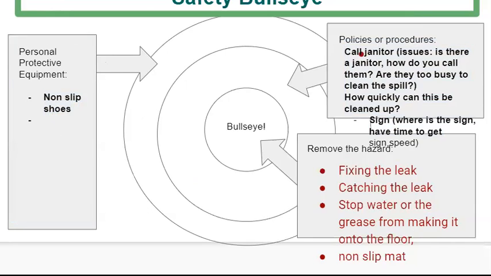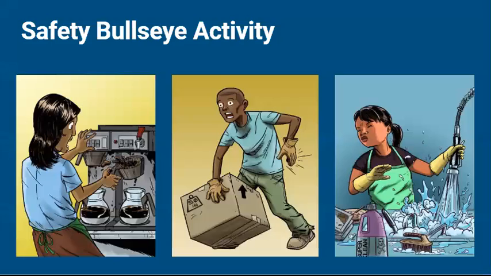Okay, perfect. So now that we have an understanding about the different ways that we can address hazards and that they are at different levels of effectiveness, with PPE, or personal protective equipment that you wear on your body, being the least effective, policies and procedures being a mid-level option in the middle, and then the best option being removing the hazard altogether and really thinking about what is causing the issue and then solving that.